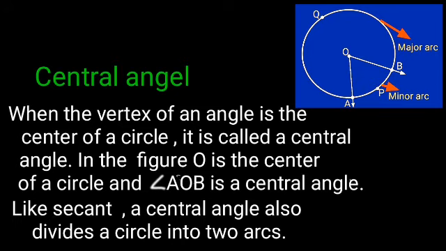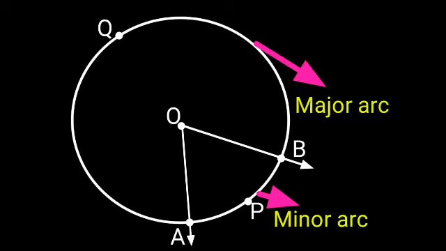Like a secant, a central angle also divides a circle into two arcs. In this given figure, angle AO'B is a central angle because the vertex of this angle is the center of this circle.